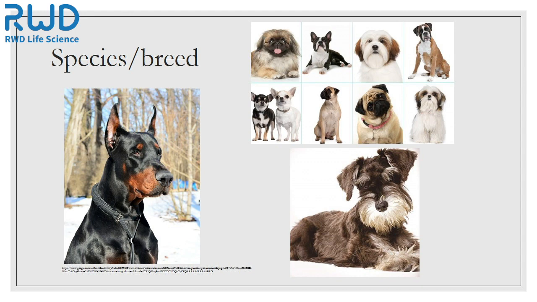Just talk about feline patients and canine patients. They are quite different. Cats have a narrower airway opening and can easily get laryngeal spasm, and dogs have a wider and bigger airway opening.